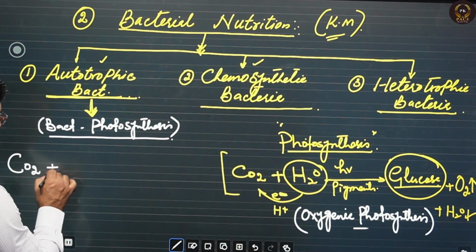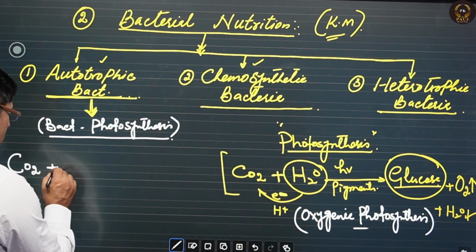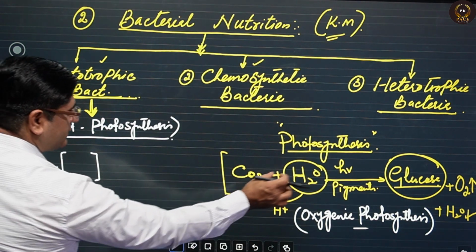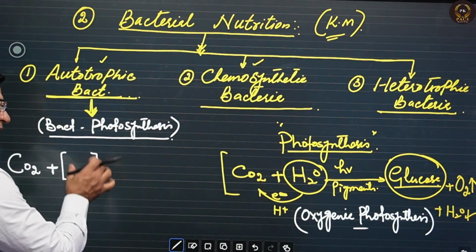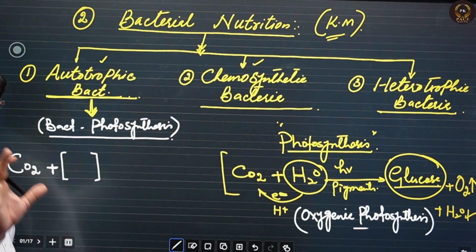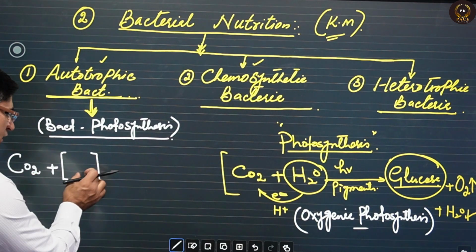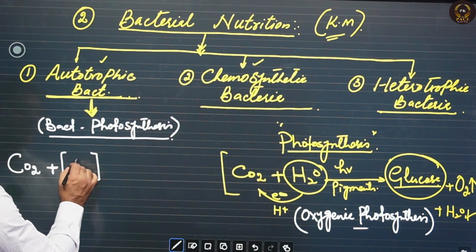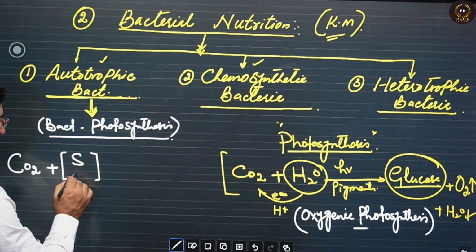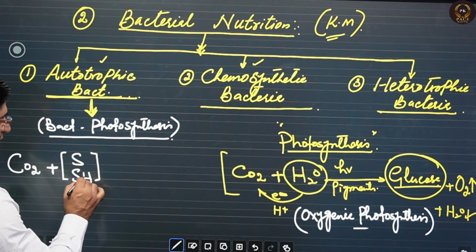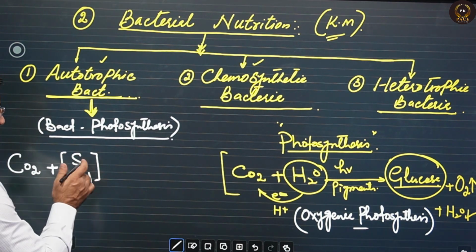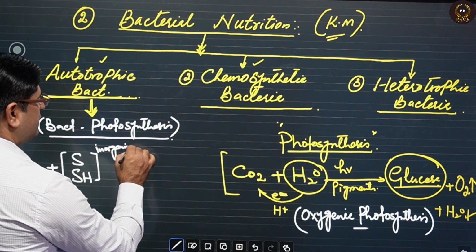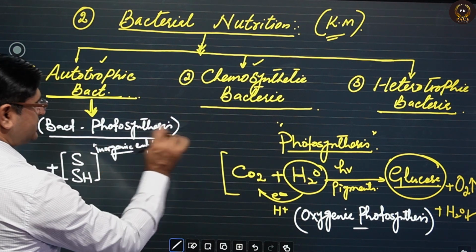But this carbon dioxide is not combined with water. Water was the reducing agent in the plants, but in bacteria, they do not use water as the electron and proton source. Instead of water, they use some inorganic substance, for example either sulfur or hydrogen sulfide. So they can use any inorganic compound instead of the water.